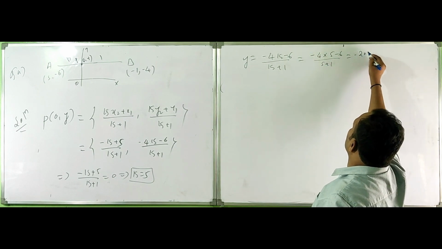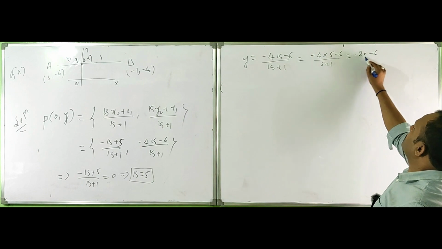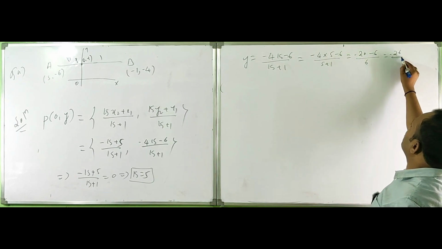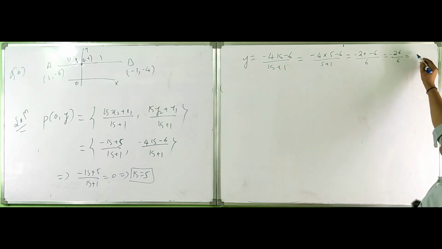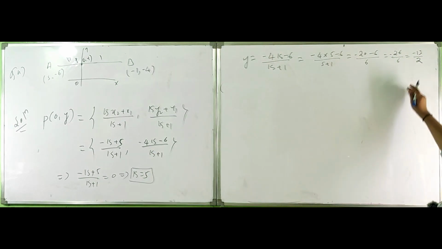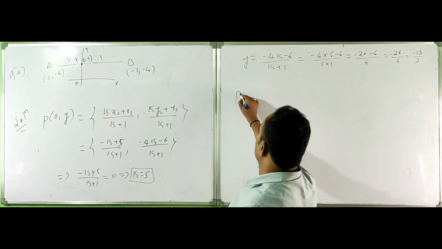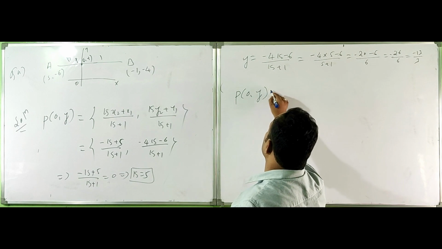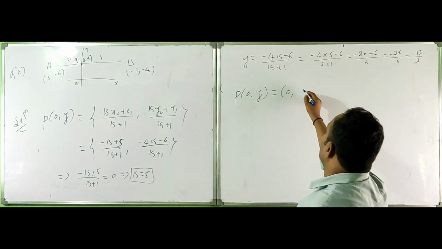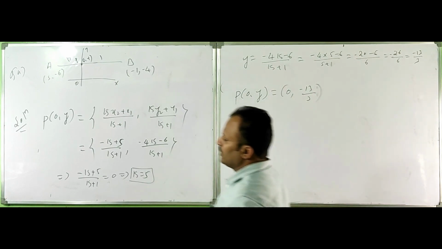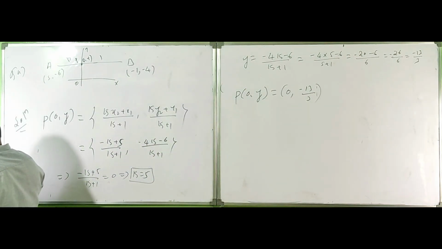This is minus 20 minus 6 divided by 6, which becomes minus 26 by 6, which is minus 13 by 3. Therefore, the required point is (0, minus 13 by 3). That is the answer.